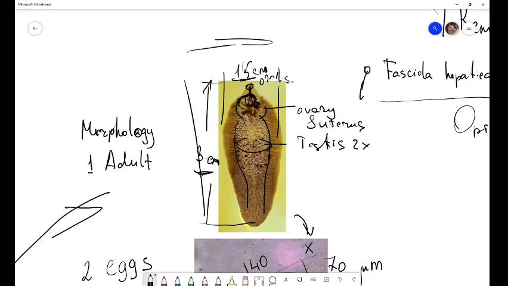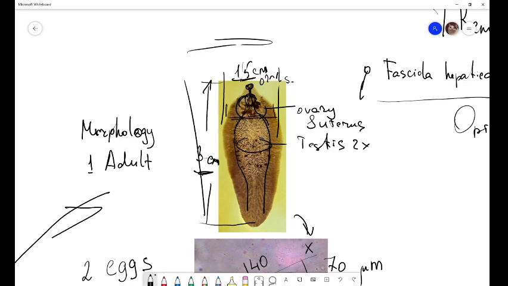Okay, and from this oral sucker starts the digestive system, and as a trematoda, this worm has a blind digestive system.